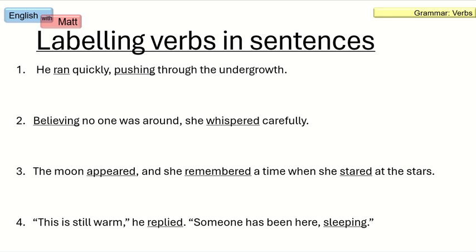But based on the previous slide, we can also now be more specific, and we can push our language techniques further by trying to be as specific as we can in terms of what type of verb these are. So you can pause the video now and try and write down or guess or discuss what type of verb these underlined words are, or you can carry on watching and I can give you the answers.